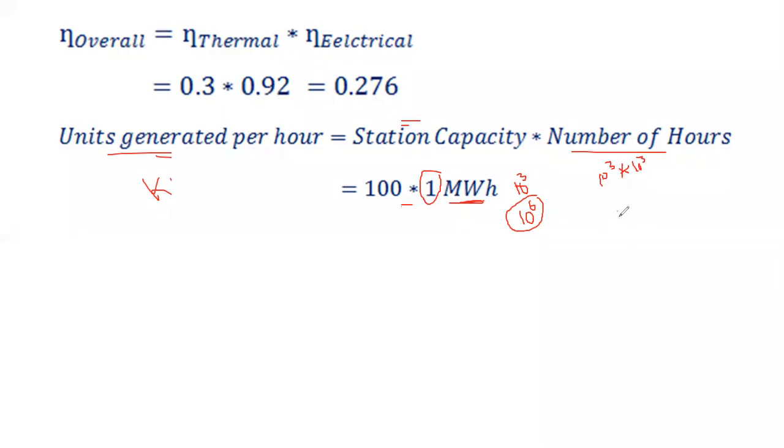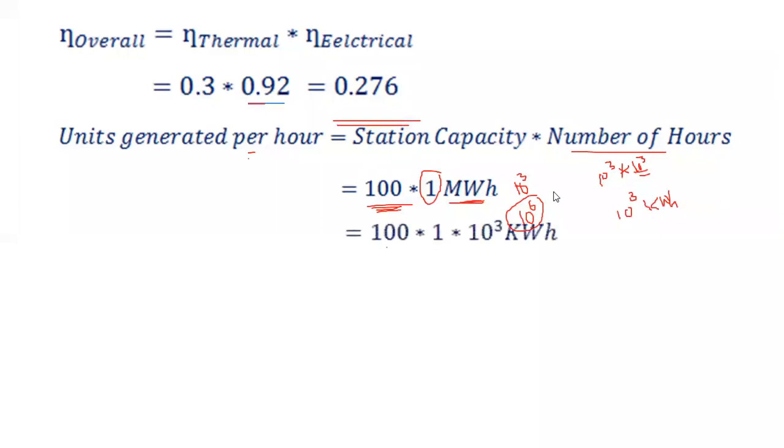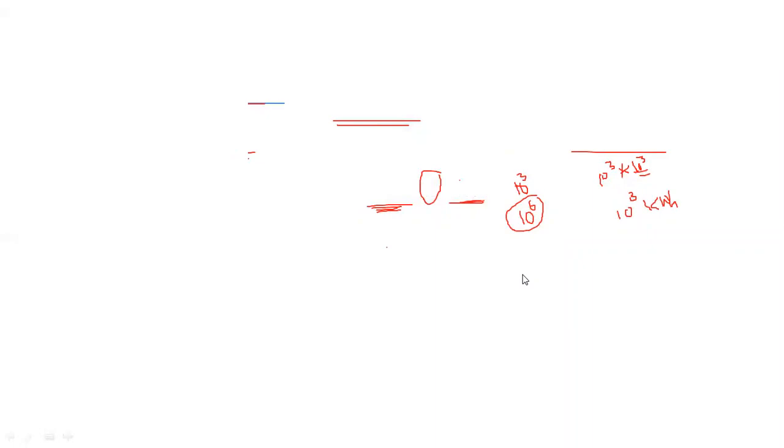Now we can represent one part in terms of k. So we get 100 into 1 hour into 10 to the power of 3 kWh, and finally 10 to the power of 5 kWh.